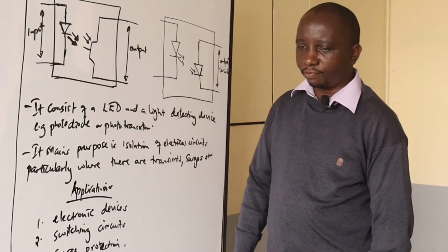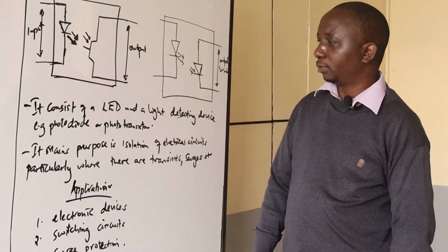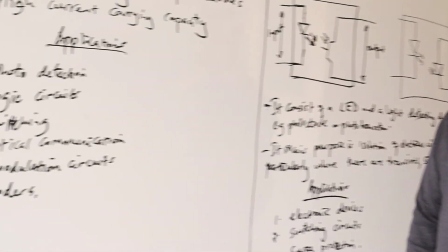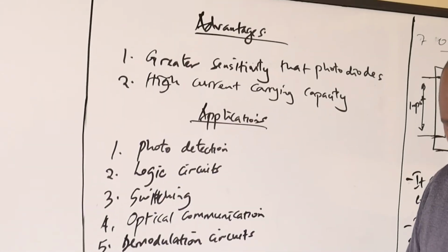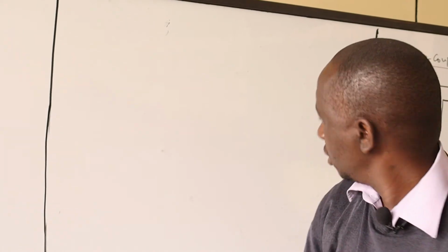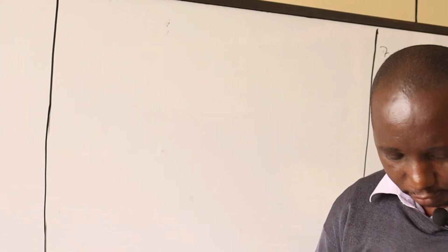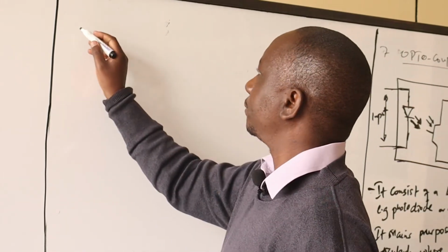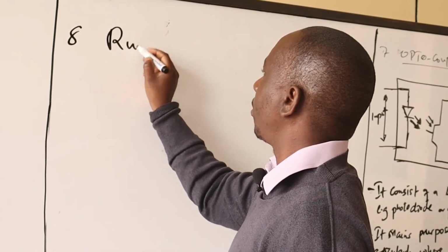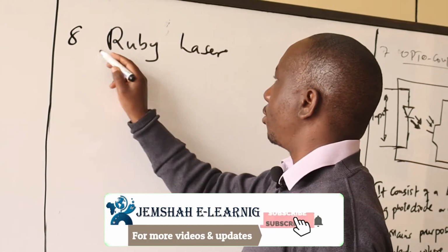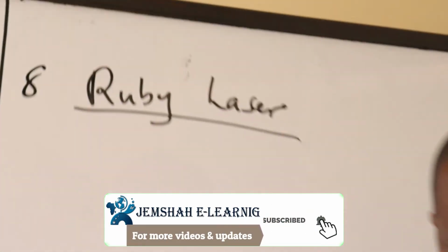So we are going to have the final circuit, which I will talk about as the ruby laser. So our last component is the ruby laser.